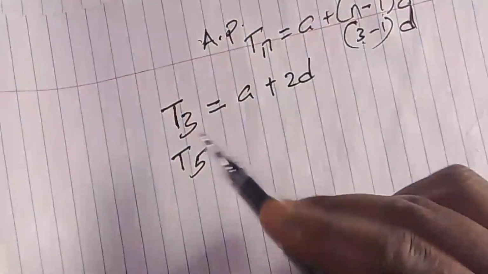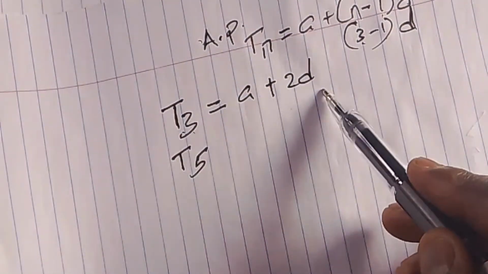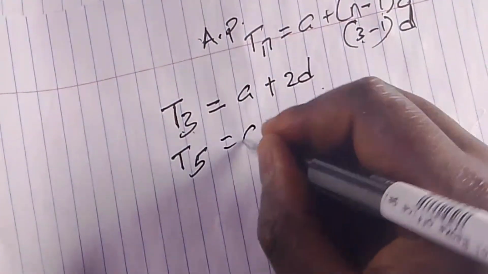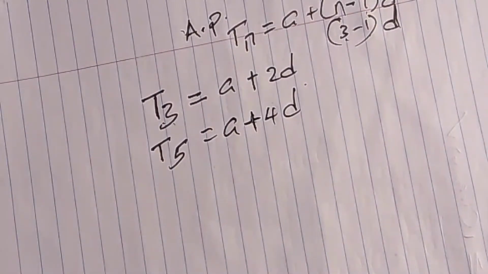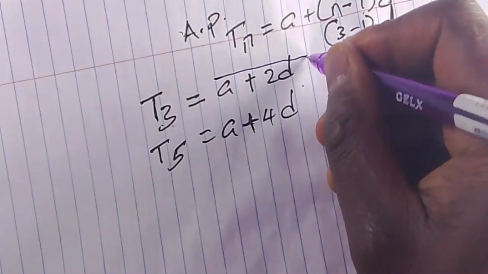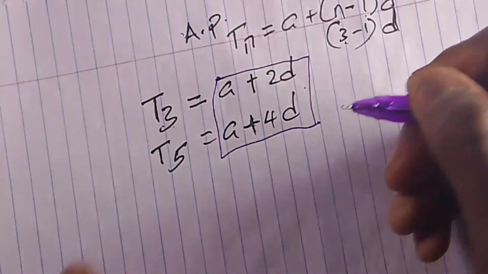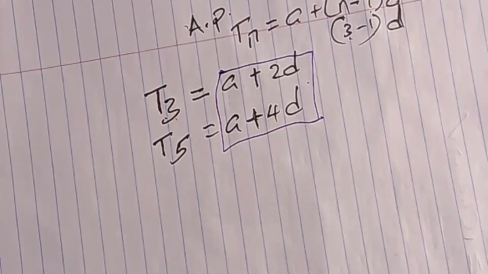So third term itakuwa a plus 2d. Nayo fifth term itakuwa a plus 4d. So ukiambiwa third term unafaa unaiandika hivyo, a plus 2d na fifth term a plus 4d. So back on track. The third and the fifth term of an arithmetic progression are 10 and negative 10.